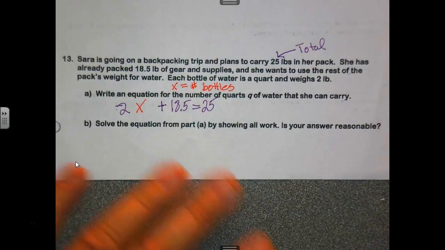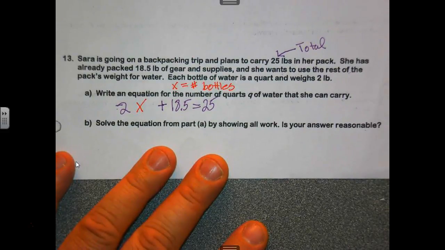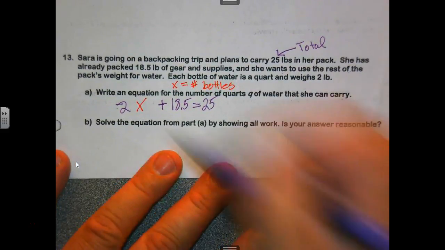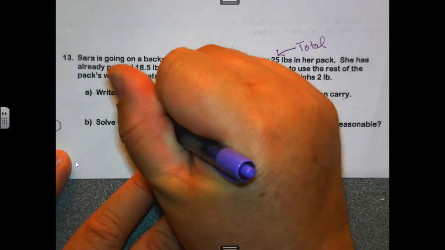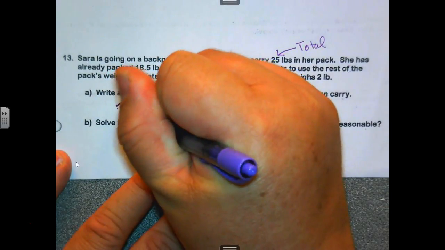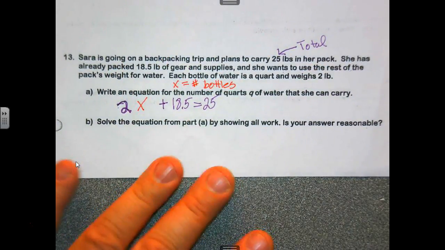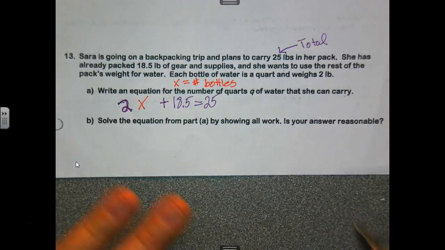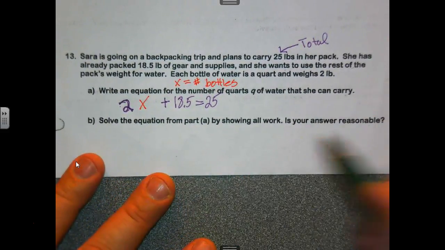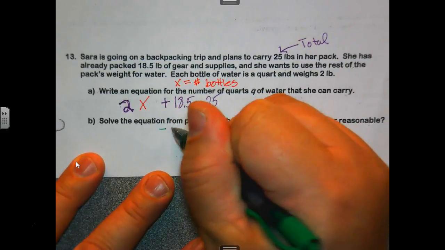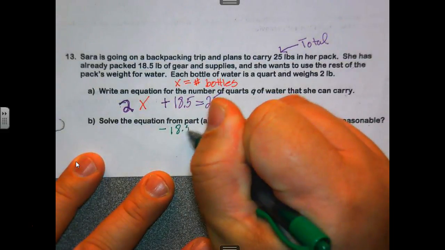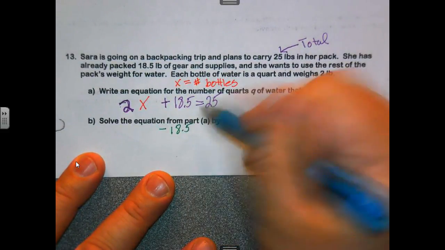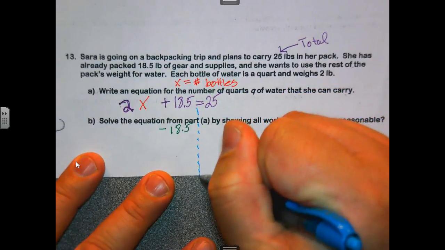Part B, it's asking us to solve. I was going to put my equal sign over here and decided to move it closer to the middle. Okay, part B says to solve it. So I'm going to subtract 18.5 pounds. There's my equal sign, my dotted line.